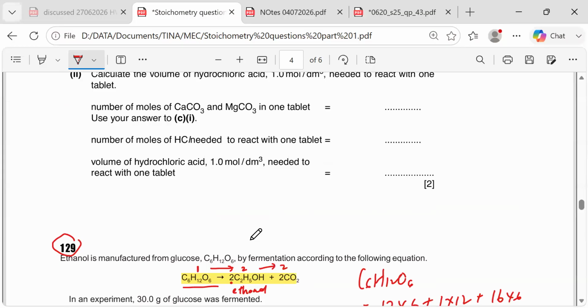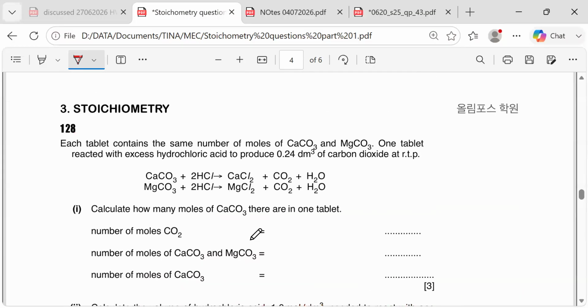Can you try? This gives you volume. This is a gas. Which formula do you use? Second one. Okay. Use the second formula to do this first.